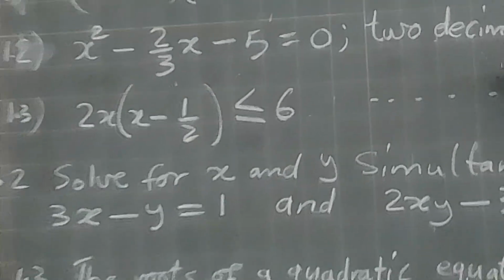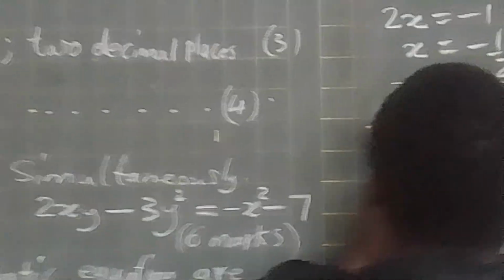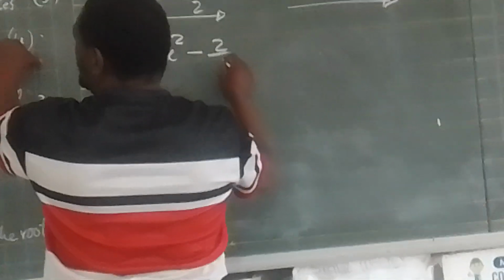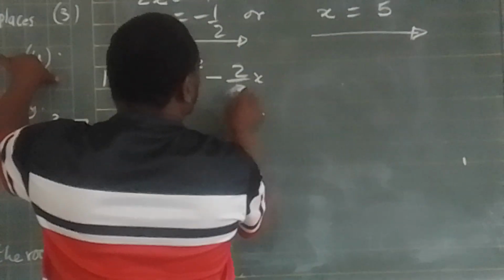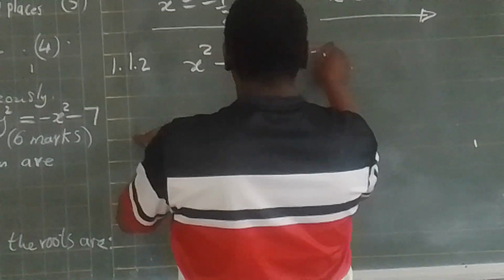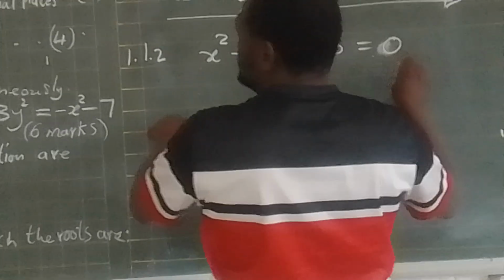Irreducible means it cannot be factorized further. So you go and say 1.2, it's x squared minus 2 over 3x minus 5 is equals to 0 for 3 marks.